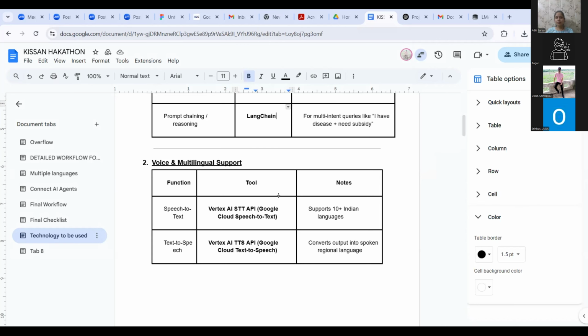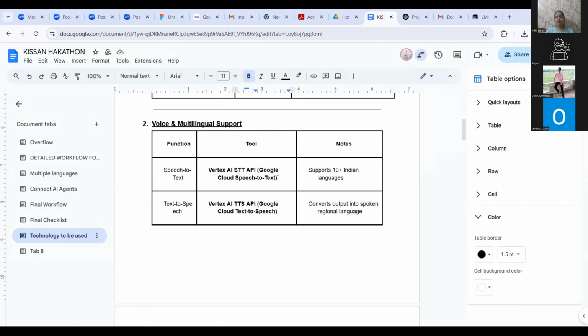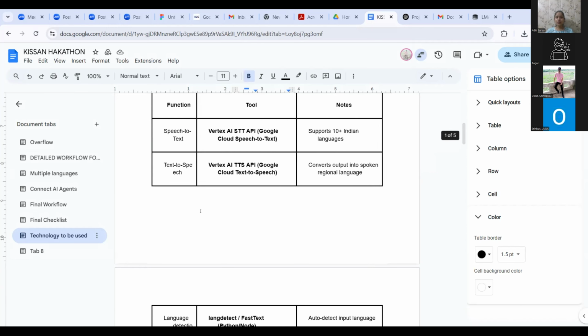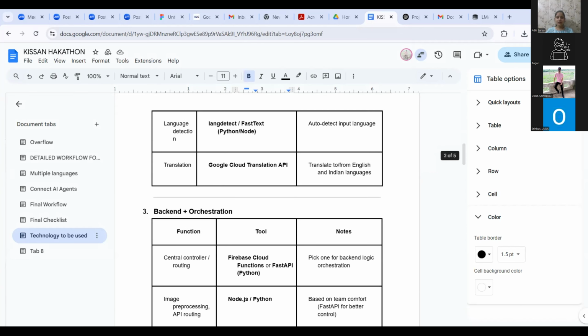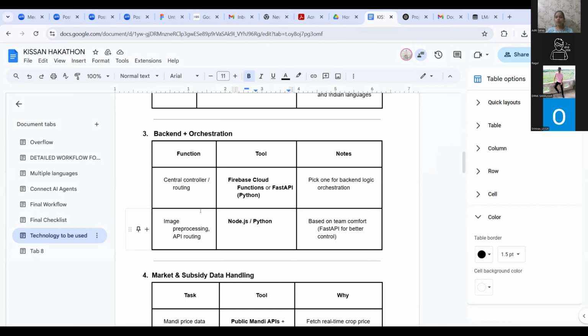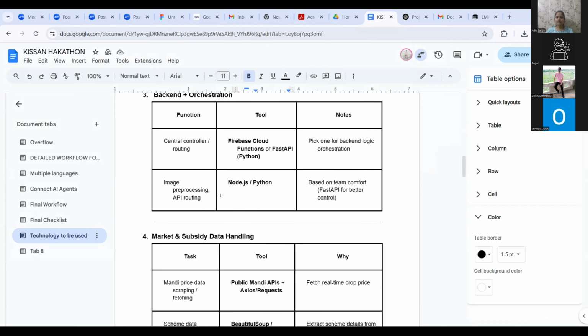For prompt training and reasoning, we are going to use LangChain. For voice, for STT, we are going to use Vertex API, and the same for TTS. Then for backend, we are going to use Firebase Cloud and Node.js or Python, whatever.